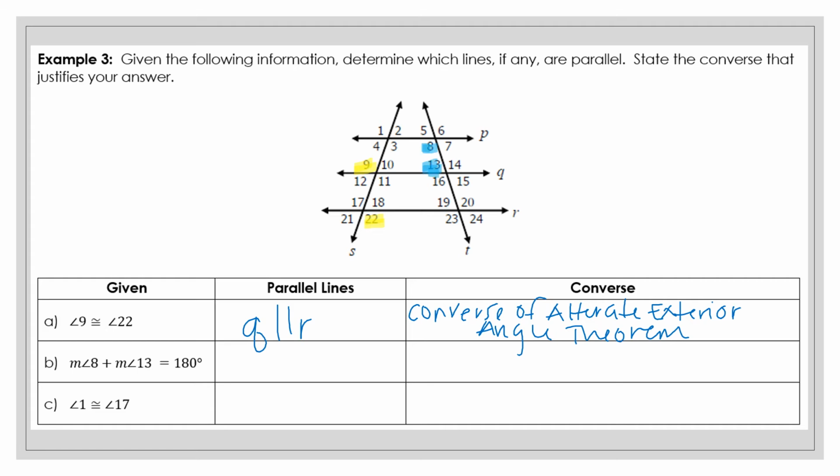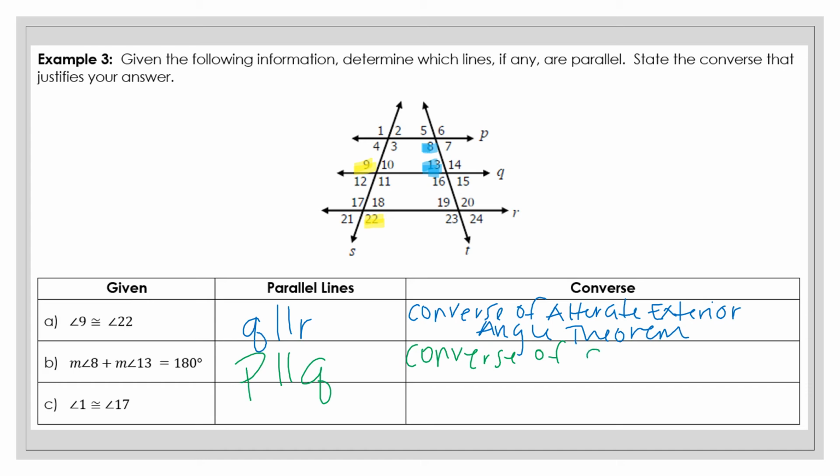On this one, we are told that they add to equal 180 degrees, which means they're supplementary. 8 touches line P and 13 touches line Q. Because those angles are supplementary, then we are going to be able to conclude that P is parallel to Q, and that is by the converse of, you can either use whichever term you like, same side interior or consecutive interior angles.